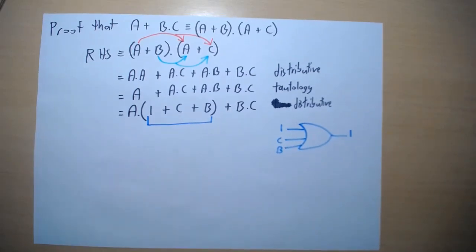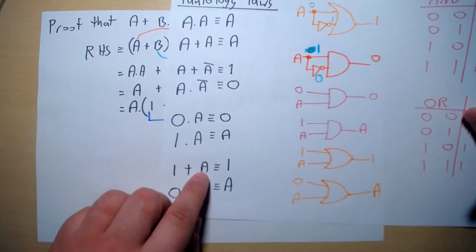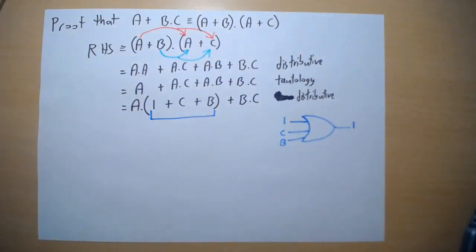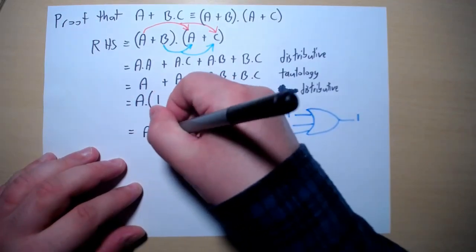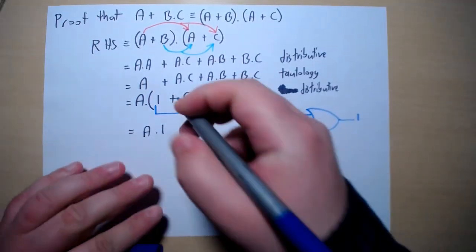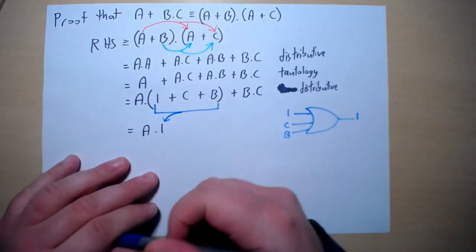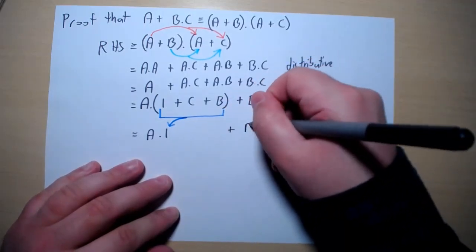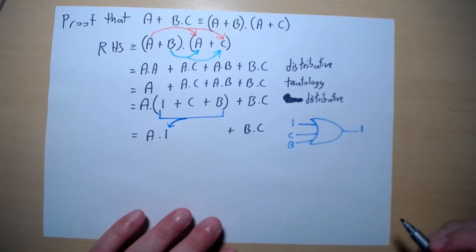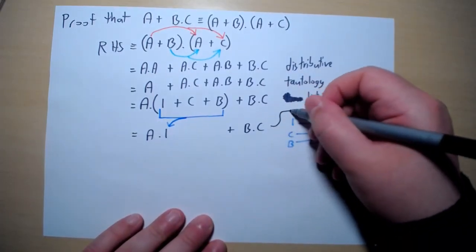And this is also another tautology law that I have explained earlier on, which is this one, 1 or A gives us a 1. Therefore, we can say that here we have A and 1, and this 1 was obtained by simplifying that bracket, or B and C. And the law that we have used here is the tautology law.